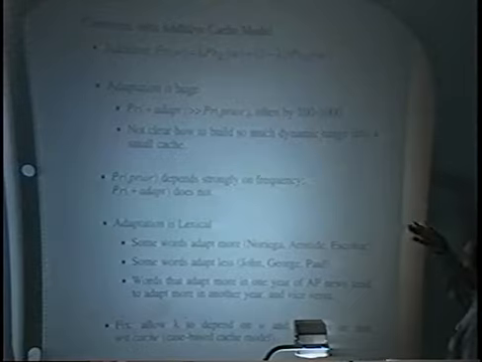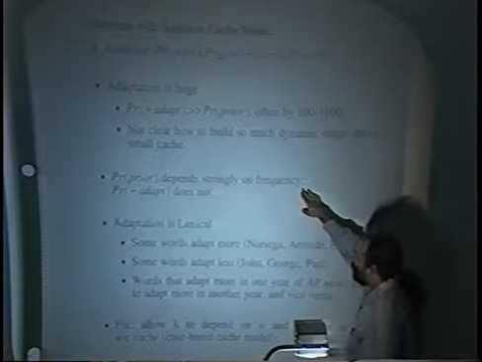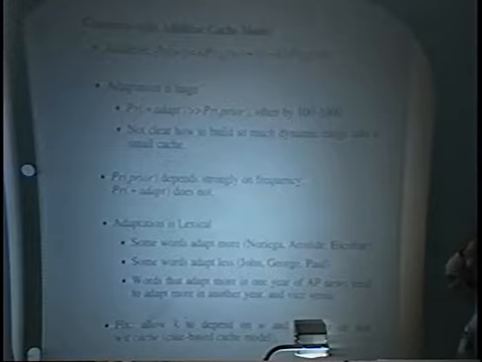And I don't see how to build that much dynamic range into a small cache. Secondly, the prior depends strongly on frequency, and the positive adaptation doesn't, I believe. And I don't see how to do that either.